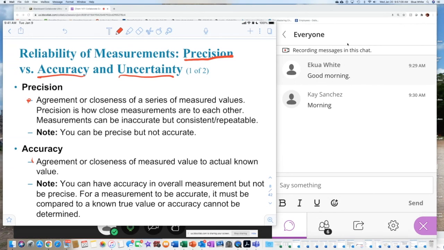I guess I'll continue. Precision essentially is talking about, it says right here, agreement or closeness of a series of measured values. So when you're talking about precision, you're talking about consistency, okay? When somebody is consistent, you're saying they're predictable. You know exactly how they're going to act in a certain situation, right? You're like, oh, that person is predictable.